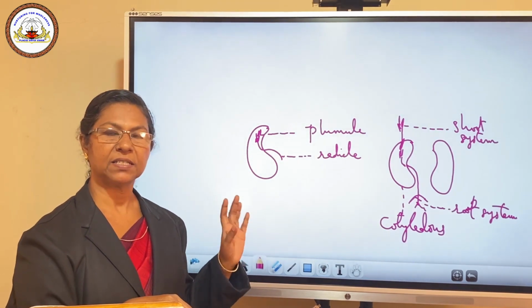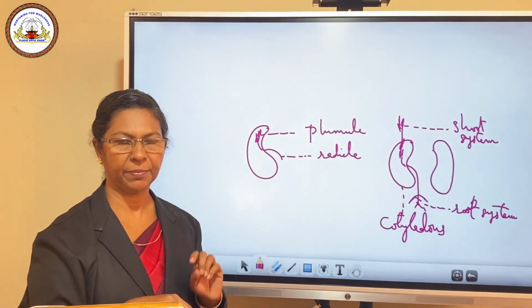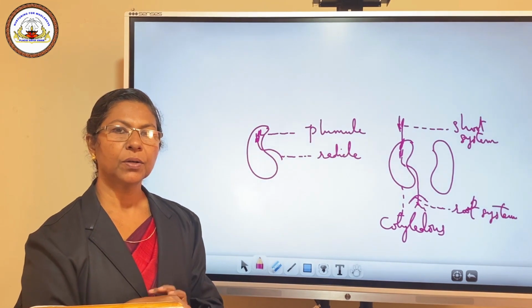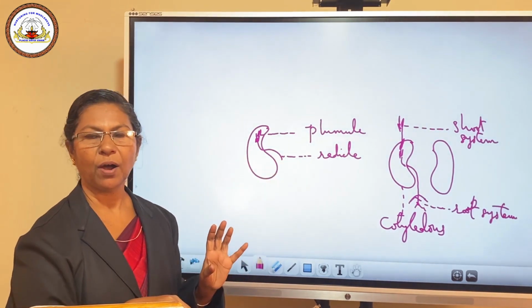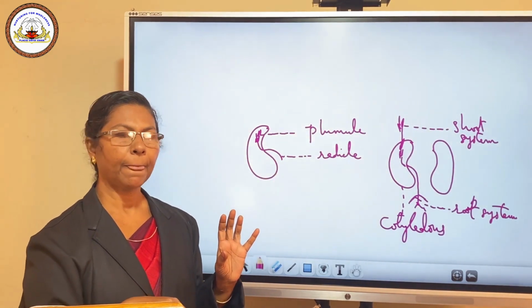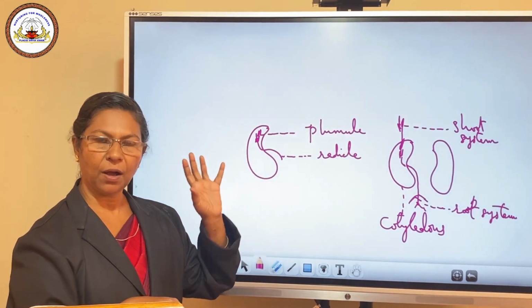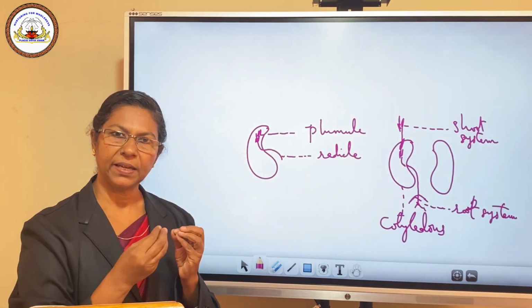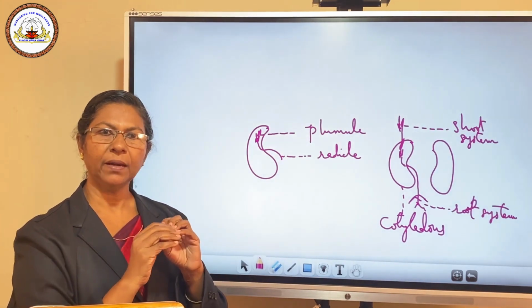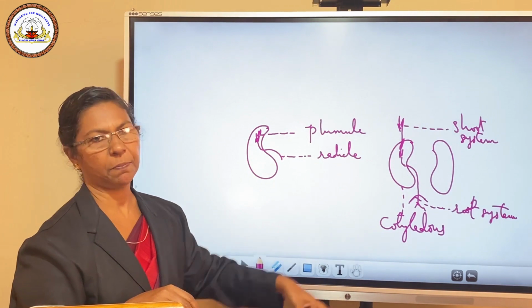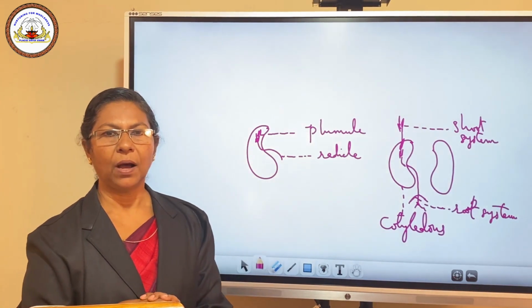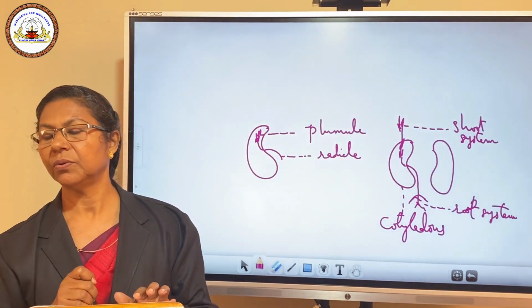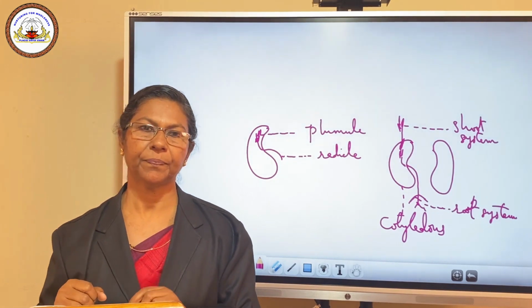These are the parts of a germinating seed. This germinating seed activity you have to do in practical. You have to soak the seed in water, take the seed and prick it with a pin, and you can see these parts.